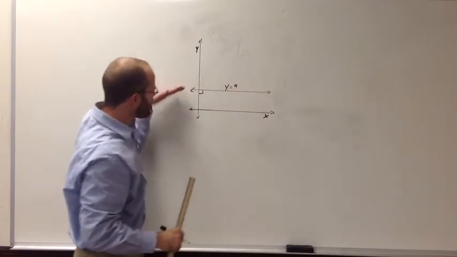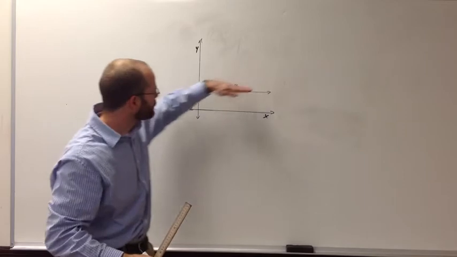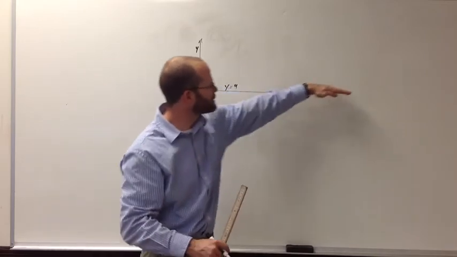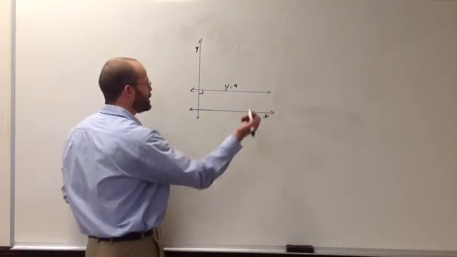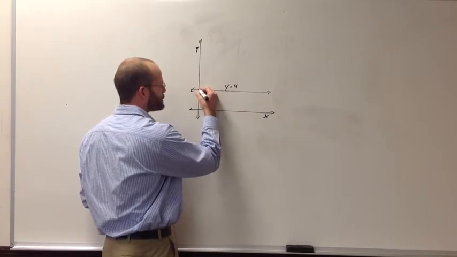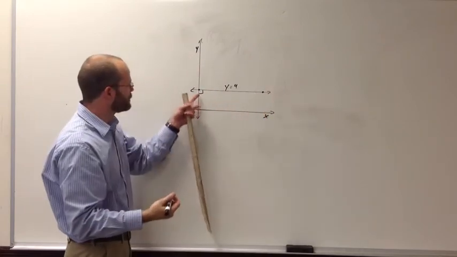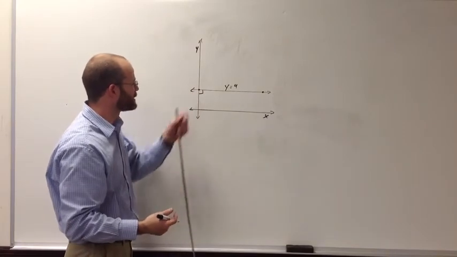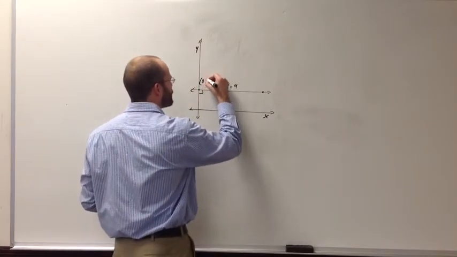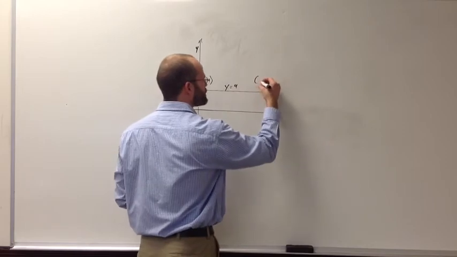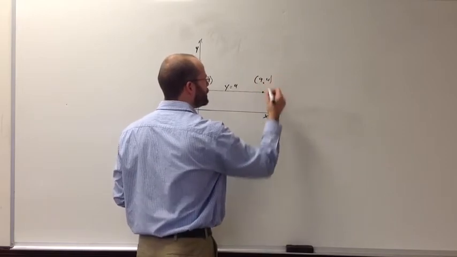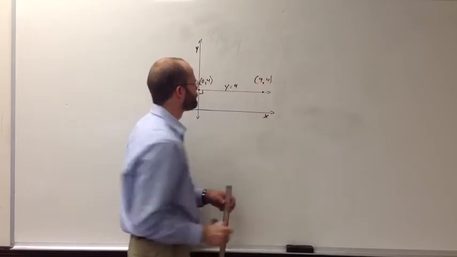You can see that anywhere on this line, the y value, the vertical value, is 4 units above the x-axis, no matter where I go. So if we were to pick 2 points, such as this one and this one, this is actually the point 0, 4. And this one over here, let's just suppose it's 9, 4. 0, 4 and 9, 4.